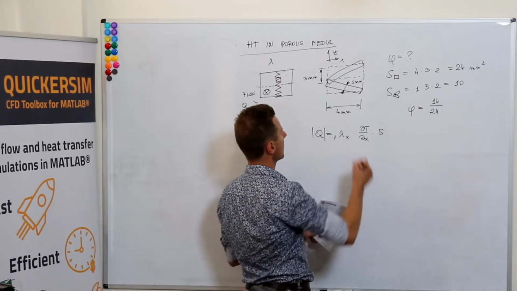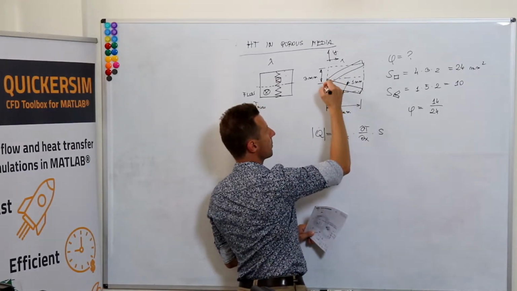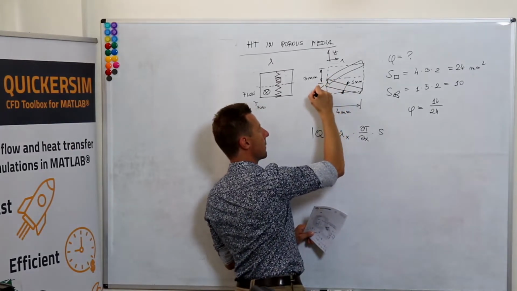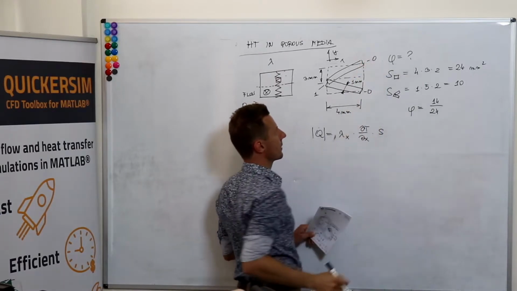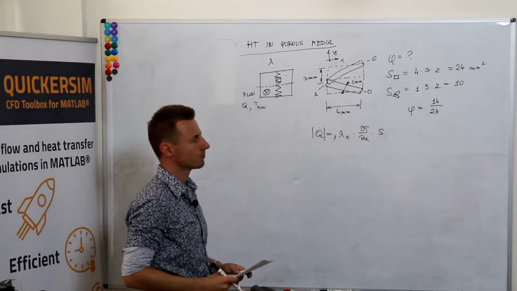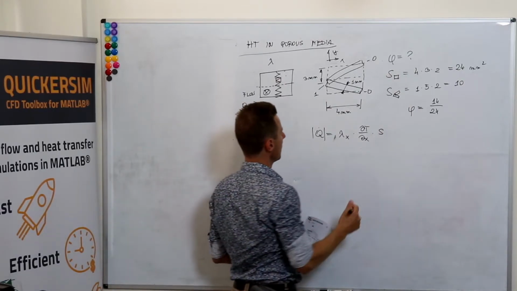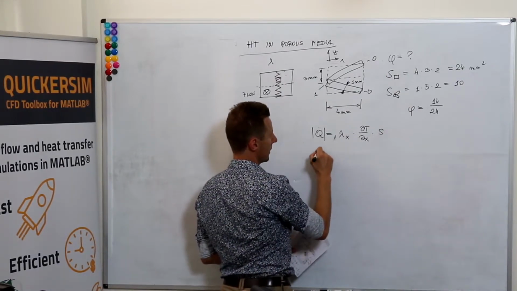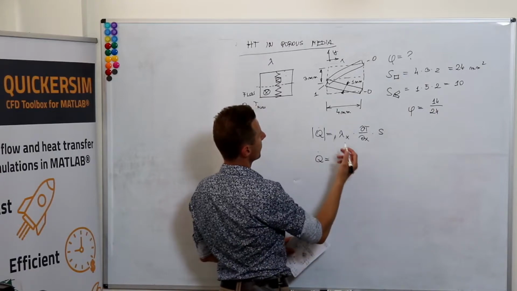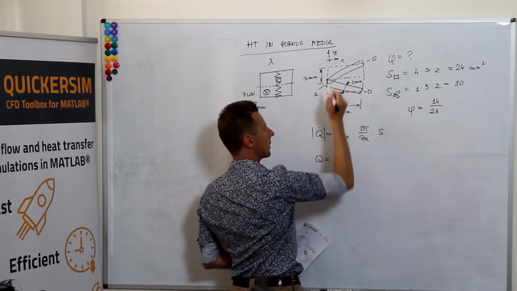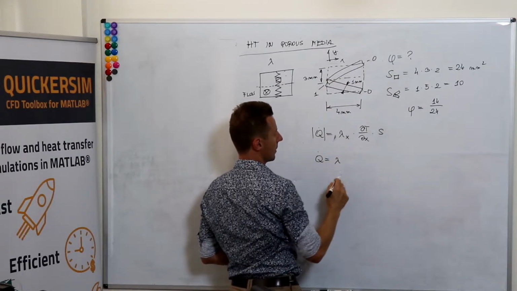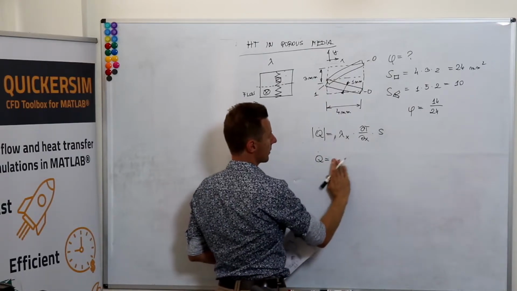Namely, we know that if we keep this boundary at the temperature of, let's say, 1, and this one at temperature 0, what will happen in reality is that we will have the following heat transfer.